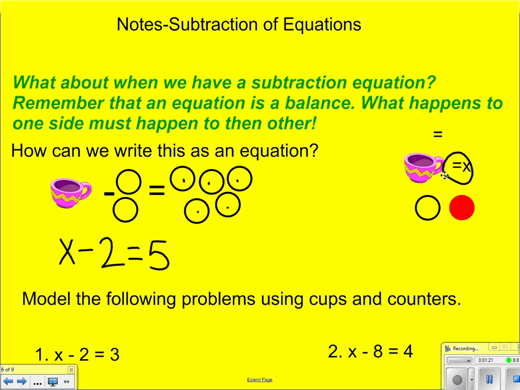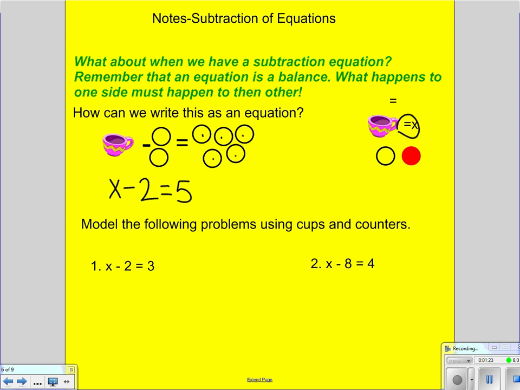Let's look at a couple others and see if you can actually model them. On number 1, we have x minus 2 equals 3. So let's see what we need to do. How many x's do I need? 1. So I'm going to drag 1 cup over. What operation am I doing? Subtraction.